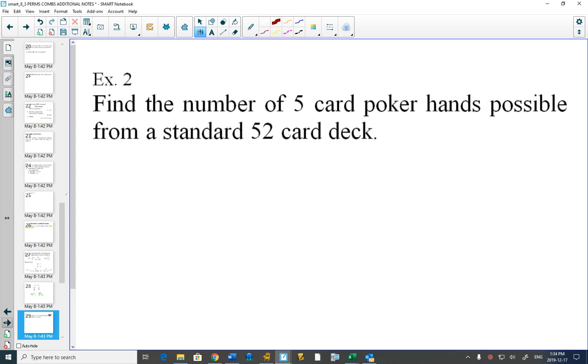So one place that typically comes up in combinations is in the game of poker. Some people have played poker, some people have not. The way that the game of poker works is you get 5 cards. So if I randomly take this deck of cards and go 1, 2, 3, 4, 5, that makes a poker hand.